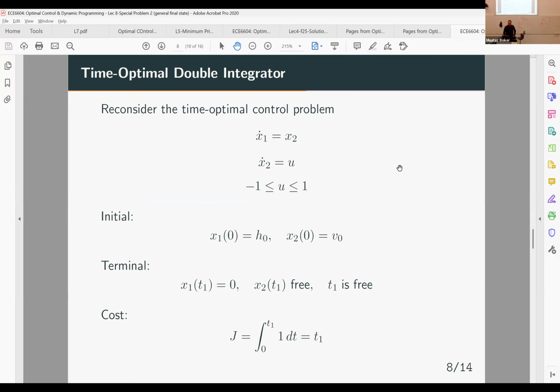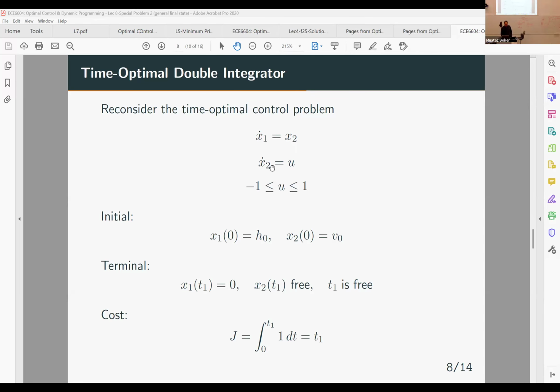All right, so let's go back and consider the time optimal control problem of the double integrator system. In this case, x1 dot is equal to x2, x2 dot is equal to u, and u is constrained between 1 and -1. The initial states are given, and we would like to steer the system from this initial state to this final state.